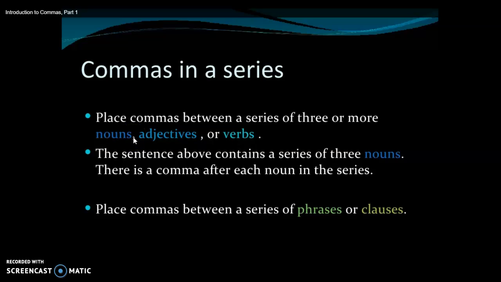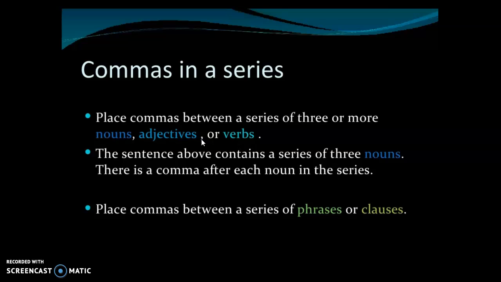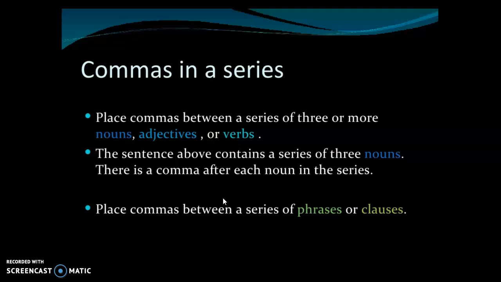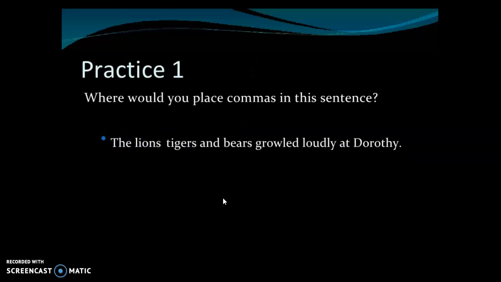You see, after nouns, after adjectives, and after verbs. So we place commas between a series of phrases or clauses. So let's try this one. Practice 1. Where would you place the commas in this sentence? I'll give you a second.